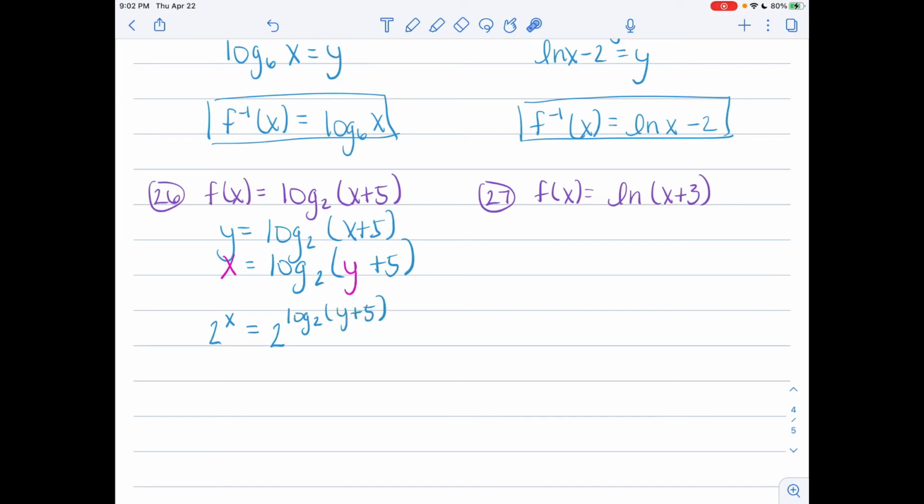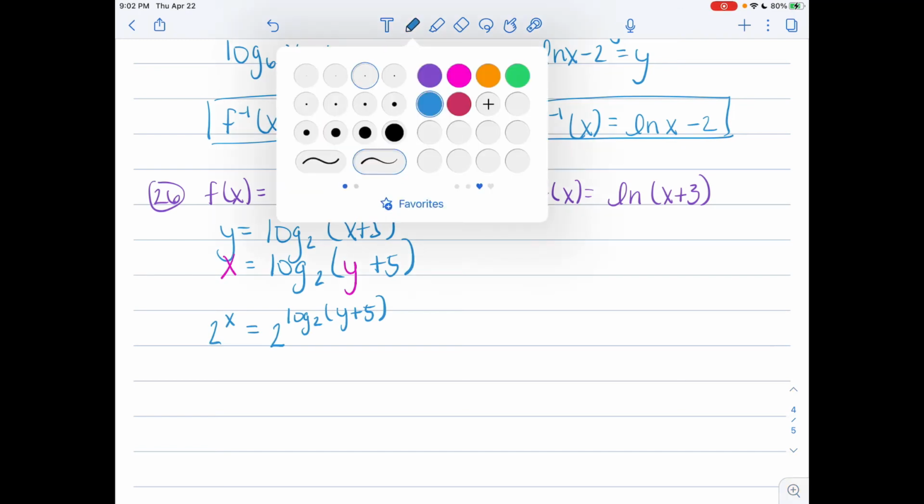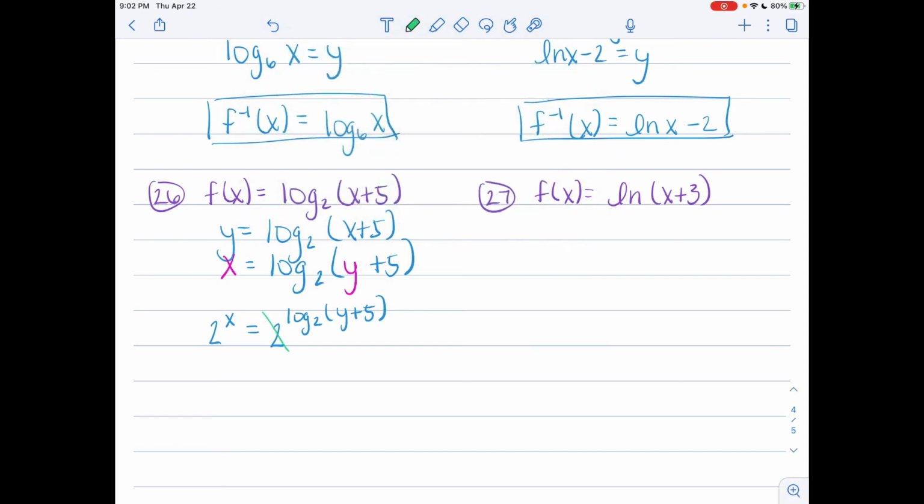Now I know that looks super weird, but it works. Remember that exponents and logs cancel each other. So 2 and log 2, because this is a base of 2 on an exponent and this is a log base 2, those cancel. And so I am left with everything else. 2 to the x power is equal to y plus 5.